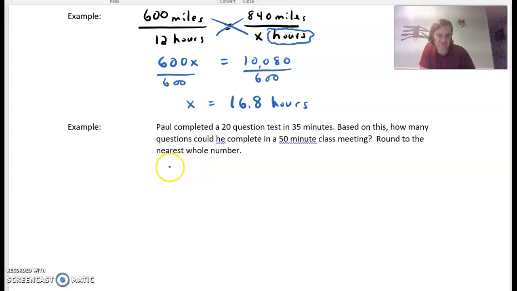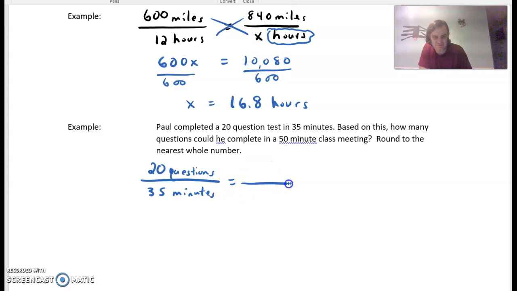So we're going to set up our proportion, which means we need one rate, and that rate needs to come from two things that are being compared. In this case, it doesn't really matter, but we could say 20 questions in 35 minutes. And that's going to be equal to, we don't know how many questions he can solve, in 50 minutes.